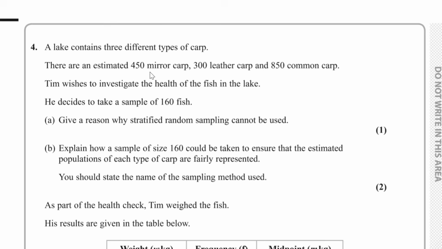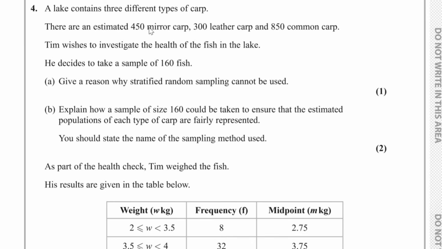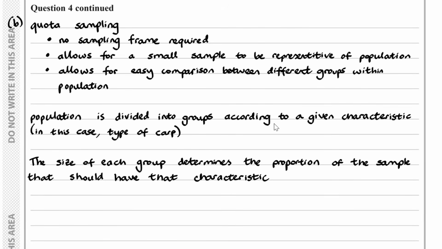So if we go back to our example, we have 450 mirror, 300 leather and 850 common, and if we add those up we get 1600 carp in total.